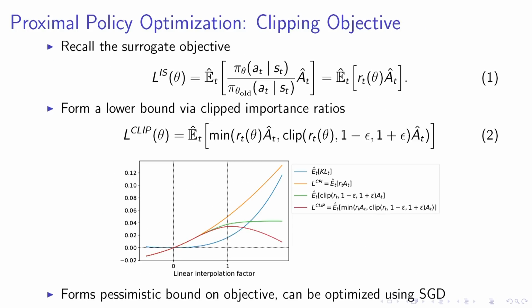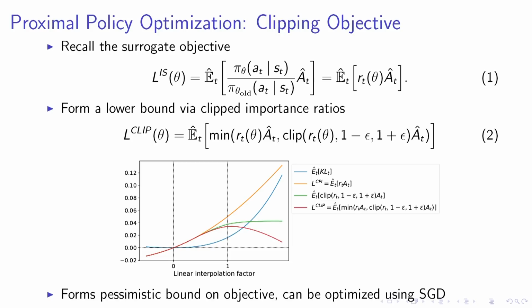possible thing. And something that works even better is to write out a certain kind of objective that involves writing down this importance ratio like we did before, but clipping it. So you're basically saying, I don't want to change the probability ratio too far away from 1.